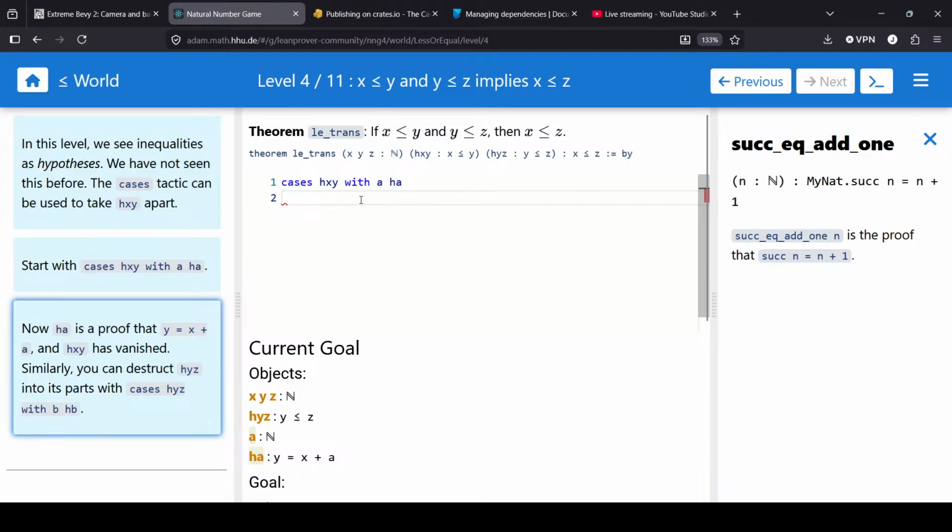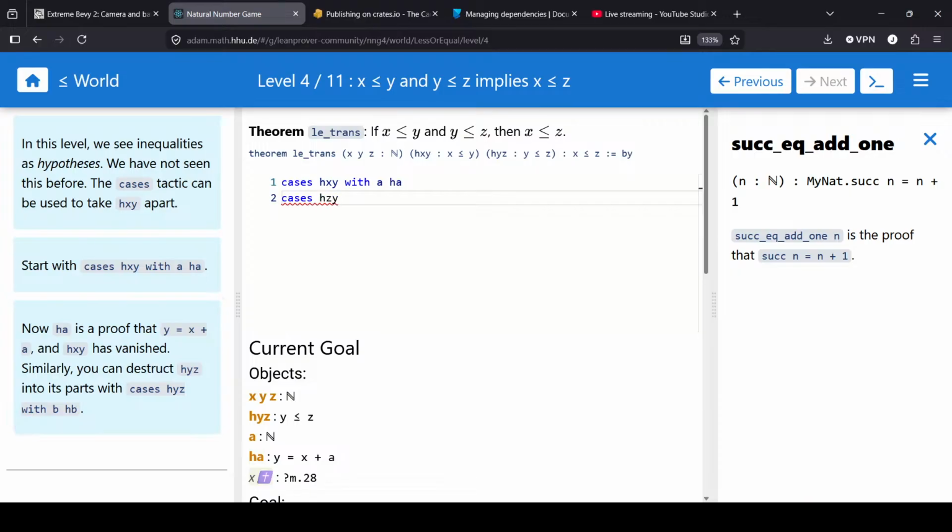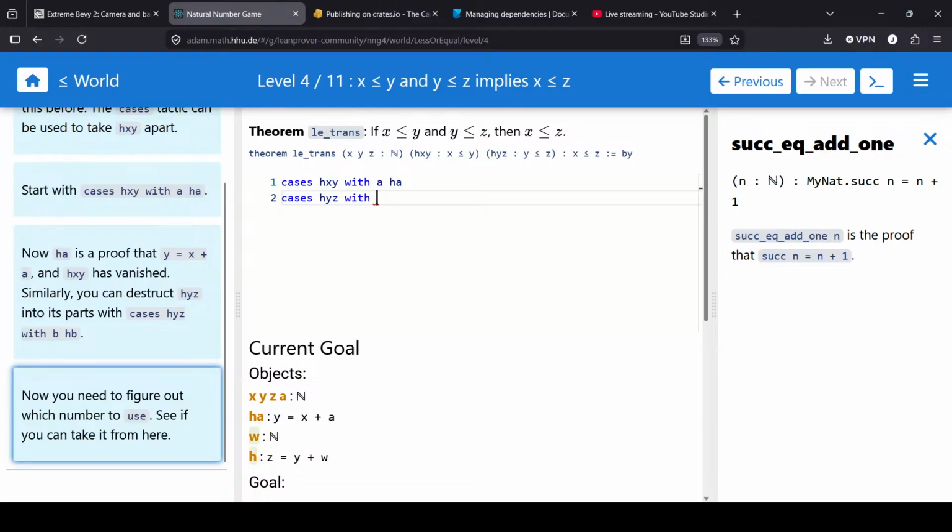Right, cases was the one where you do a case split without necessarily doing inductions. Now ha is a proof that y equals x plus a, and hxy has vanished. Similarly, you can destruct hyz into its parts with cases hyz with b hb. Okay, should I do that? It sounds like they want me to do that. Now you need to figure out which number to use. See if you can take it from here.